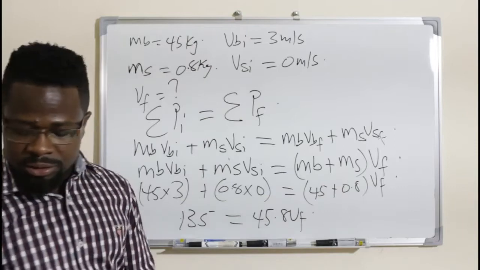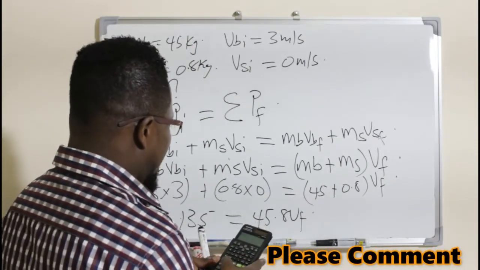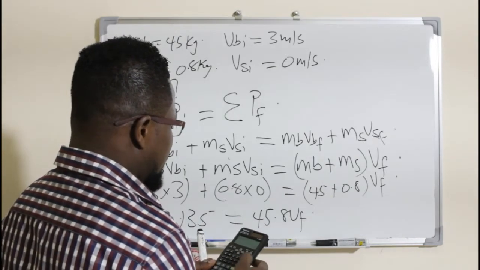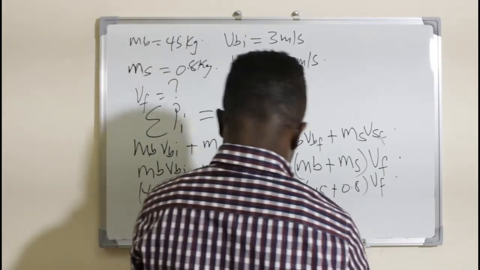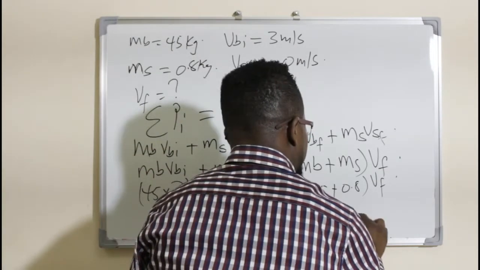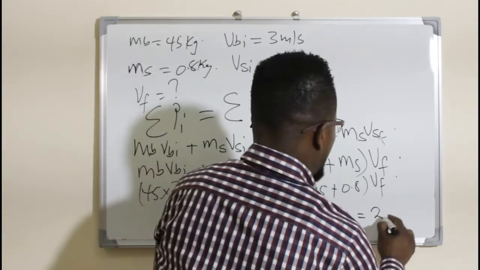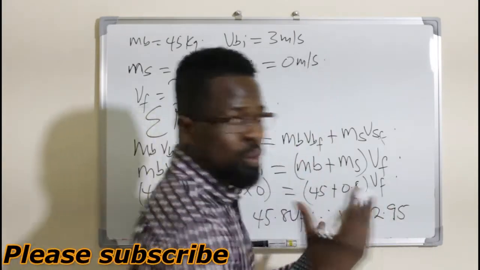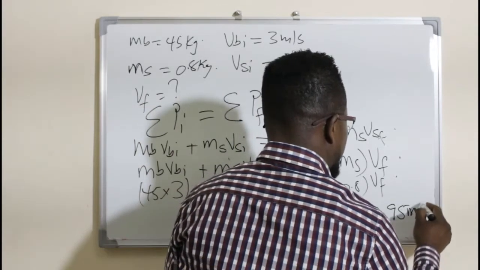And I just divide this 135 by 45.8, and what are we getting as our final velocity? The final velocity is 2.95. I'm leaving my answer in two decimal places, so that is 2.95 meters per second.